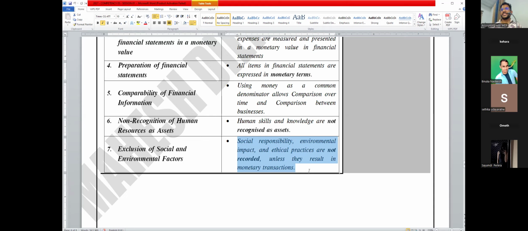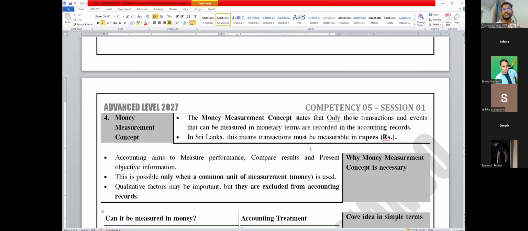Understood? This is how I am explaining the money measurement concept in the class. I repeat, this is a very good note. A complete note. I recommend a complete note. So please make sure that you are studying it very, very carefully.